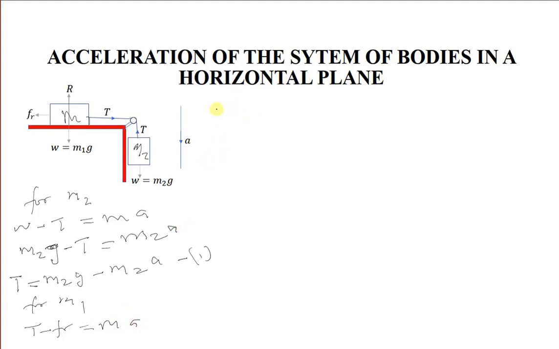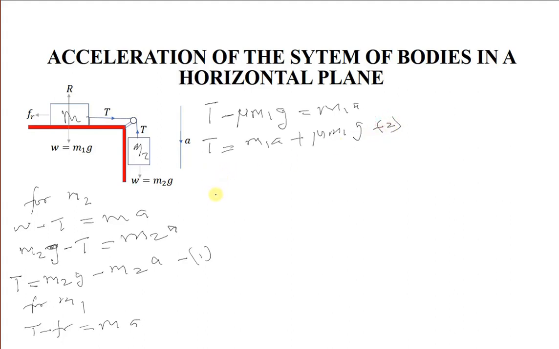So, if we substitute into that, we will have tension minus mu M1G, which is the frictional force, equals M1A. So tension is M1A plus mu M1G. And let's call this equation 2.